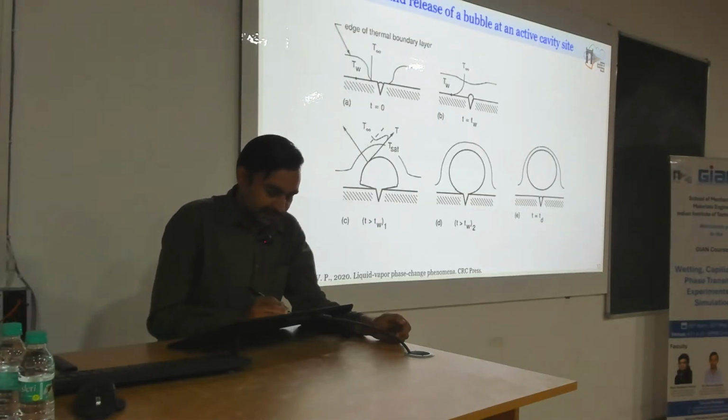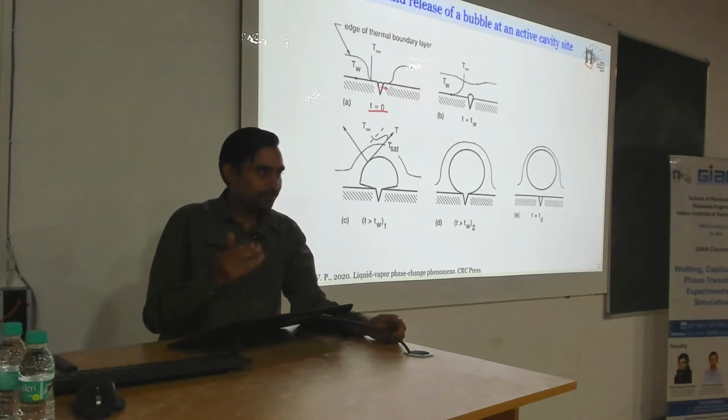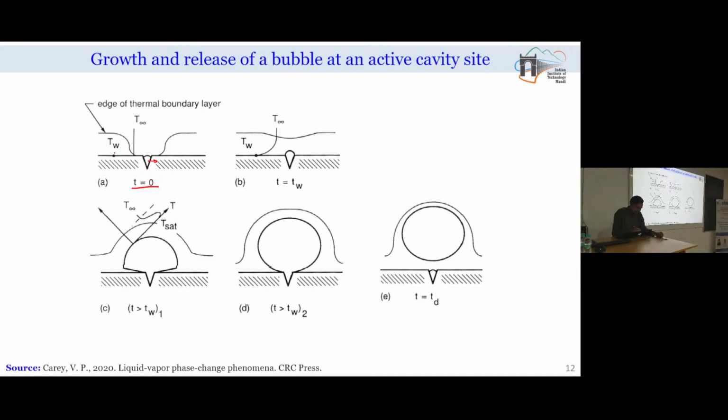At time t equal to 0, we have some vapor volume within the cavity itself, and here at this point we have temperature Tw, and away from this point we will have temperature T infinity. Because of the presence of the cavity, this portion of liquid will be cooler, and away from this portion we will have formation of the thermal boundary layer, where the temperature above this thermal boundary layer is T infinity.